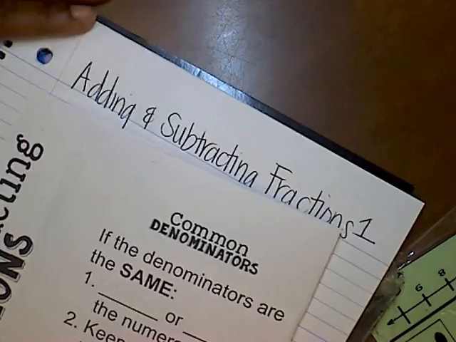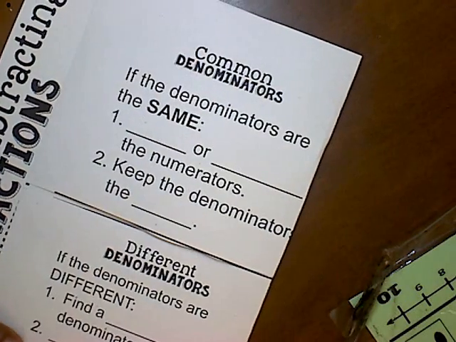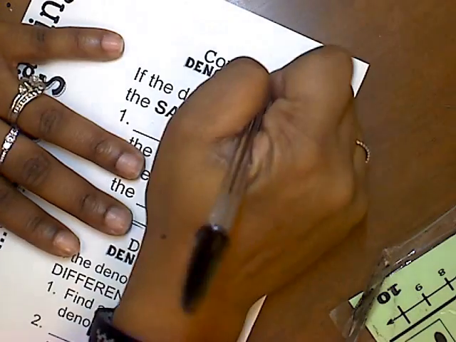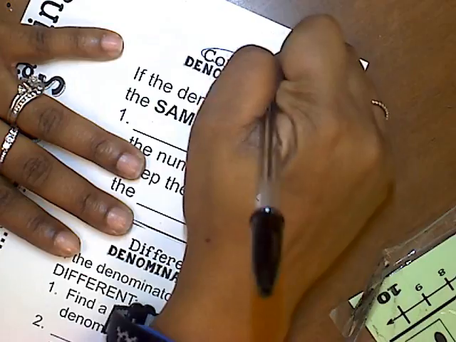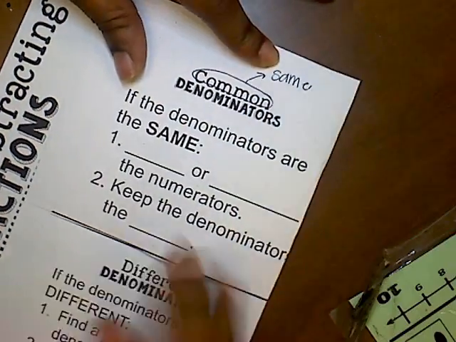So let's get started. The first thing we're looking at is how do we add and subtract with common denominators. What you need to remember is common just means same. Common means same.